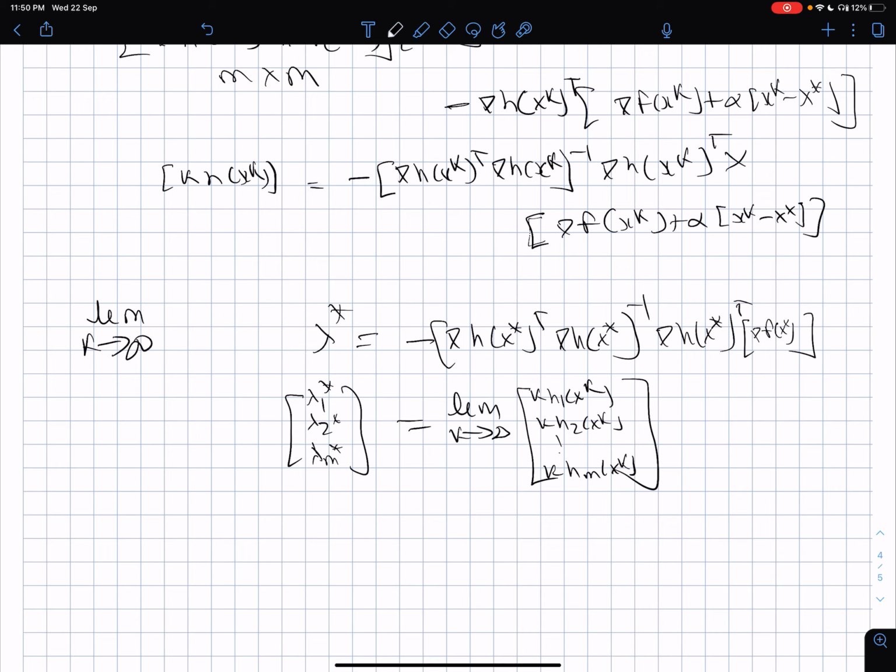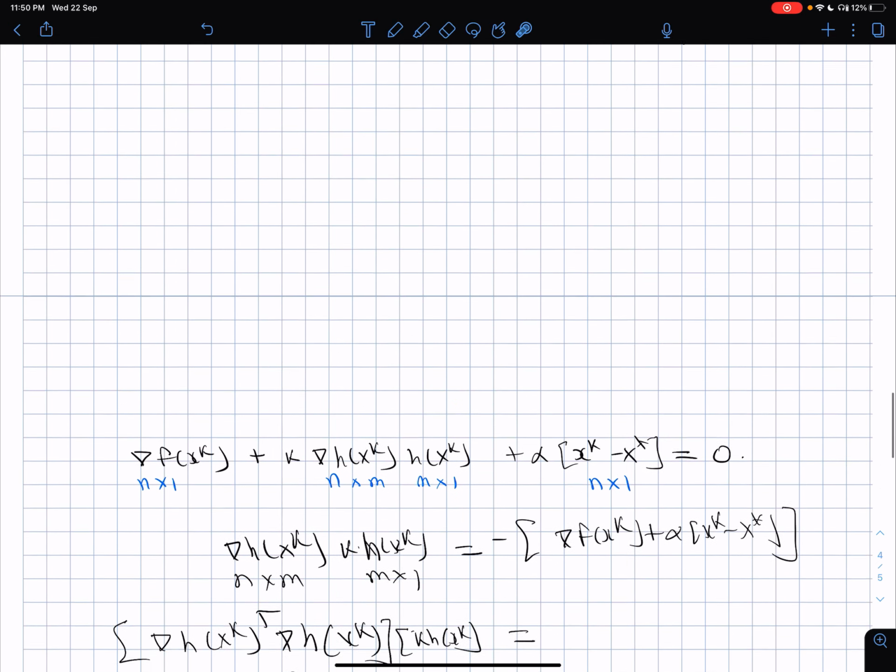This is what is happening. So this is a very important point. Even though this goes to 0 and this goes to infinity, the product only goes to something finite, which is lambda 1 star, lambda 2 star, and lambda m star. These are called the Lagrangian multipliers.